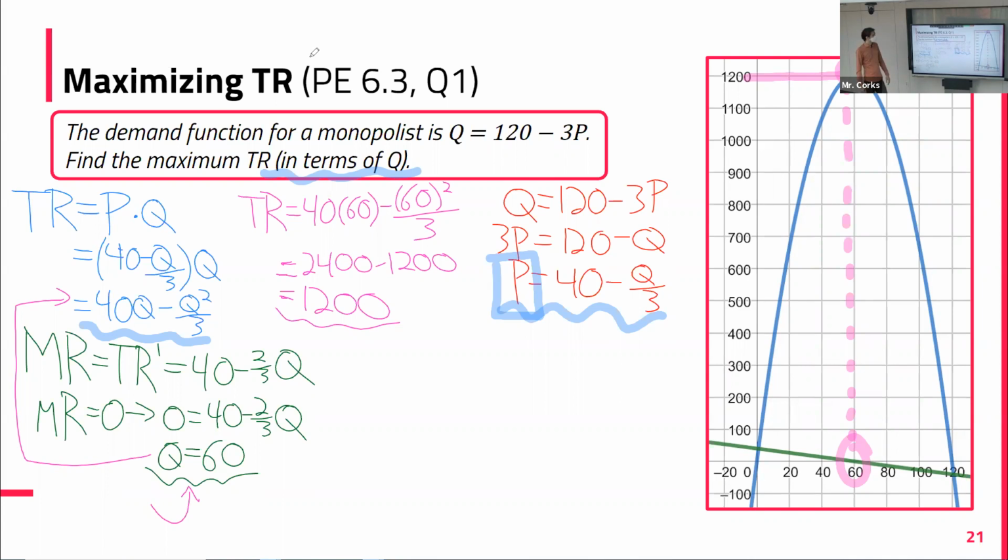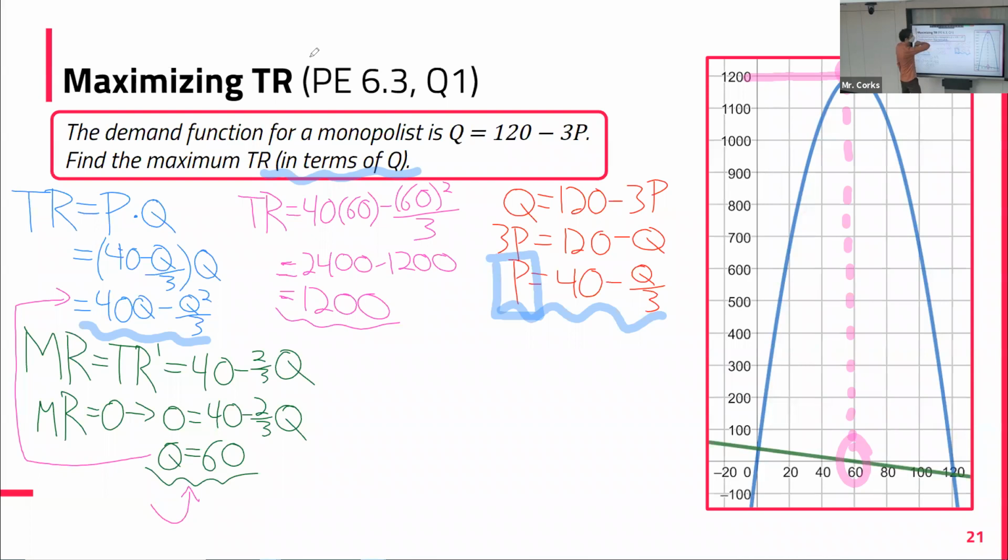So there we go. A nice simple version of this problem. It's a quadratic function. We use our derivatives to find the location of the maximum, and then one more step to find the actual maximum.